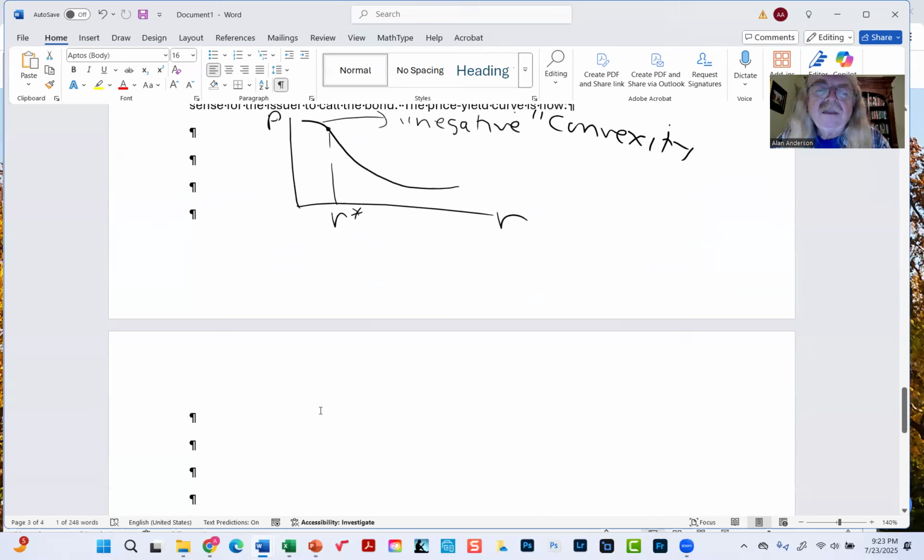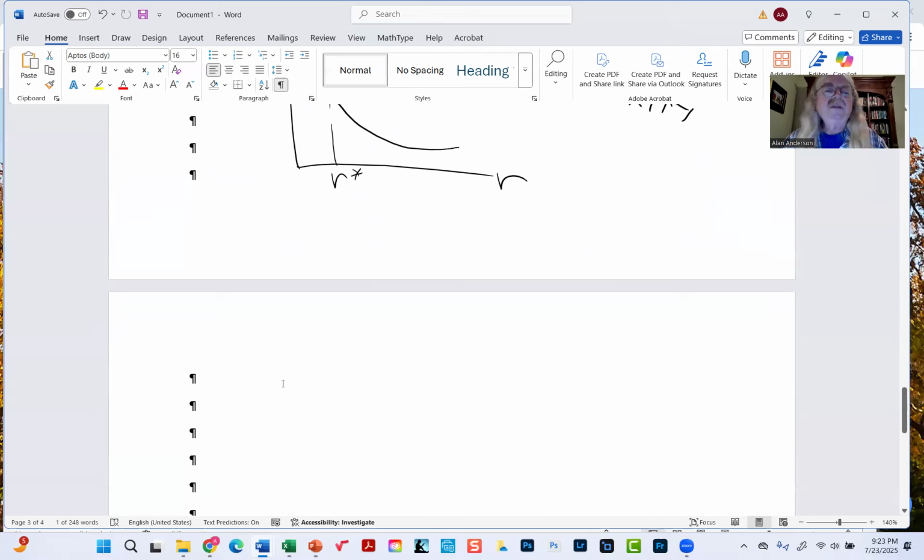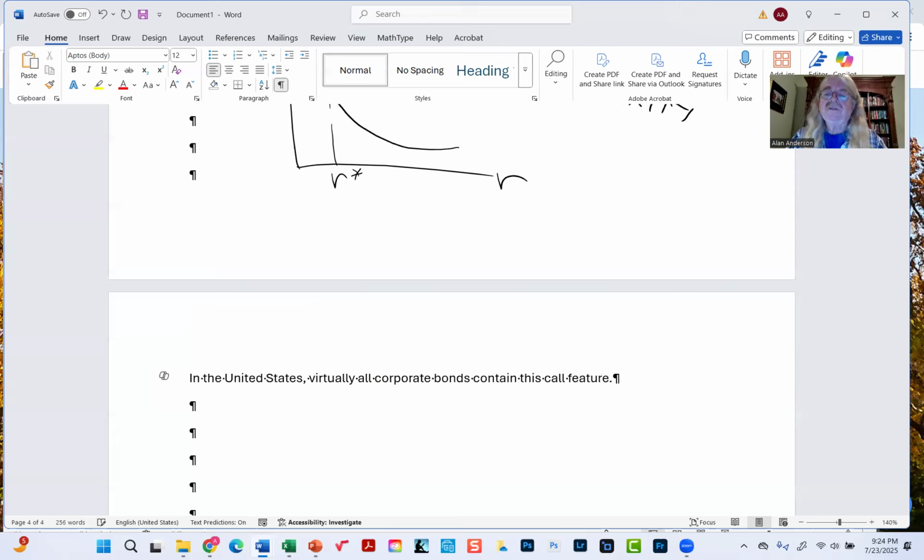Now this is doubly important because in the United States, at least, virtually all corporate bonds contain this call feature. Okay, so it matters a great deal.